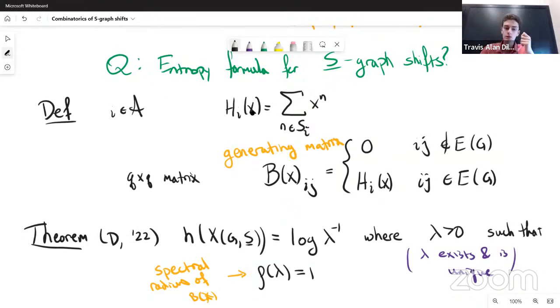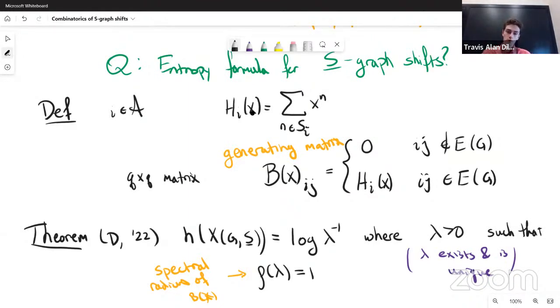And indeed, if you specialize S-graph shifts to S-gap shifts, you take this matrix, look at its spectral radius in this particular case, and you actually get out the exact same formula, this power series that Spandl had in that case. So it specializes all the way down in that manner.